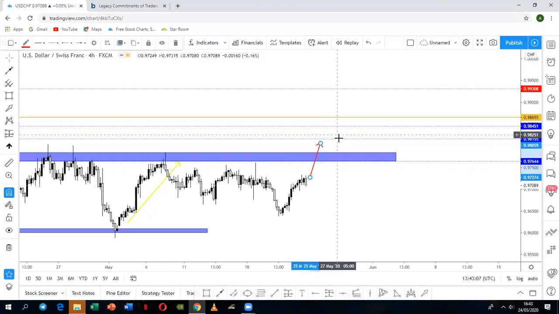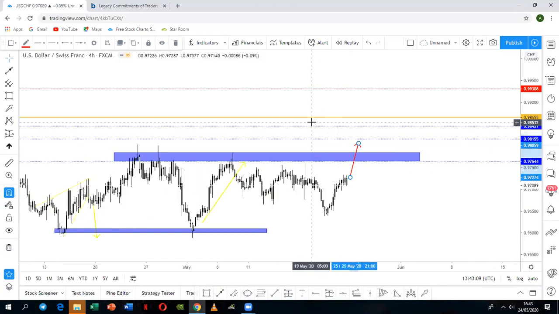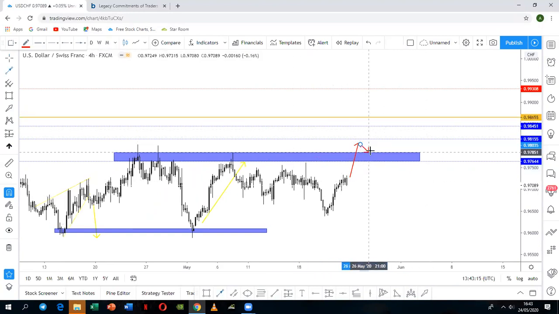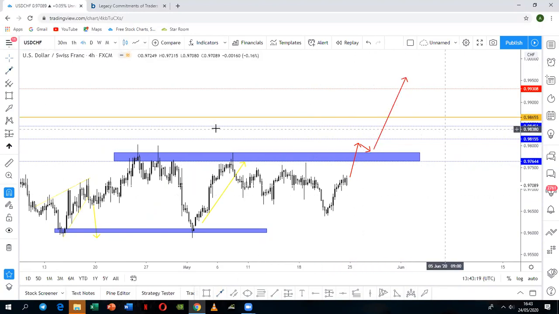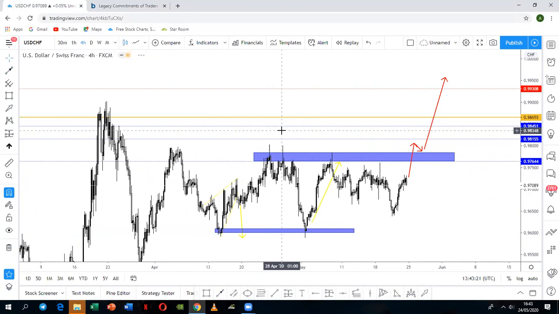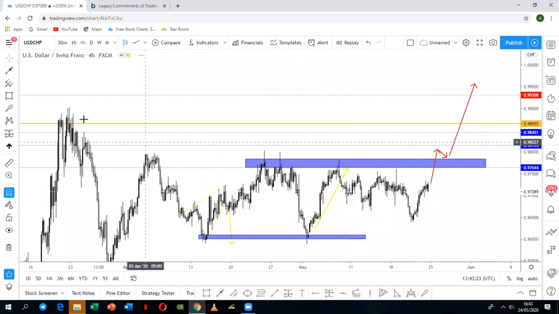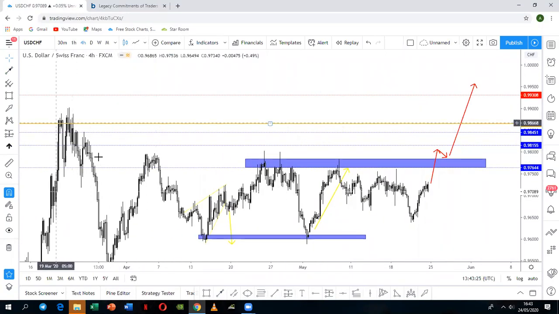When it breaks through, you're sure of a continuous uptrend. It will keep on retesting and then it will continue. So it has to retest the previous zone, which is somewhere here.